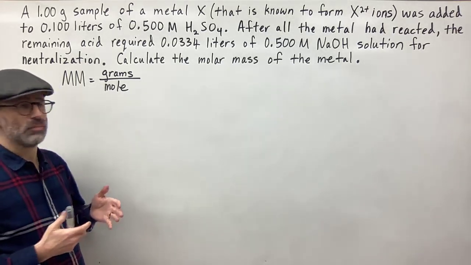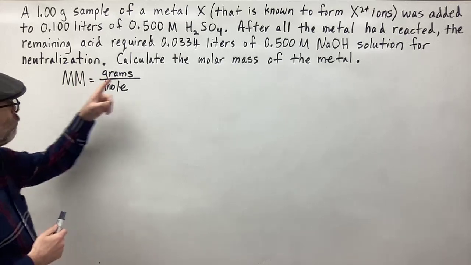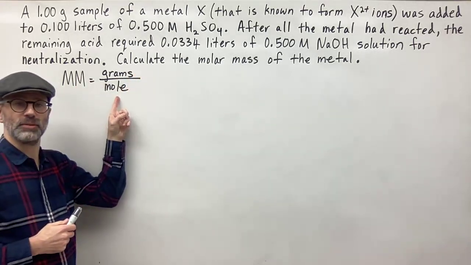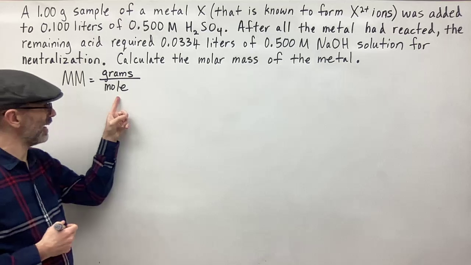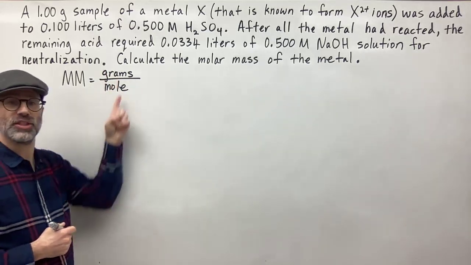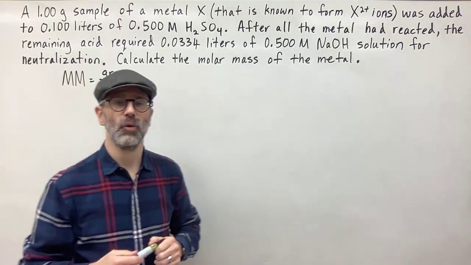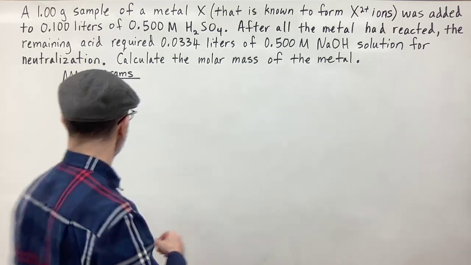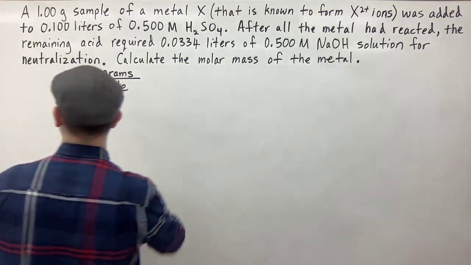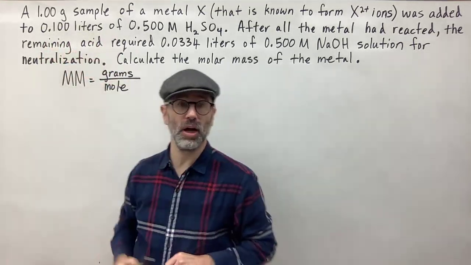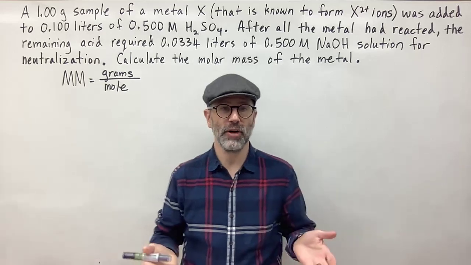If we could find grams and then find moles of the metal, then you could just divide those two and we get our molar mass, and then we can identify what the metal is. They gave us a 1.00 gram sample of metal X. Well, there's our grams.